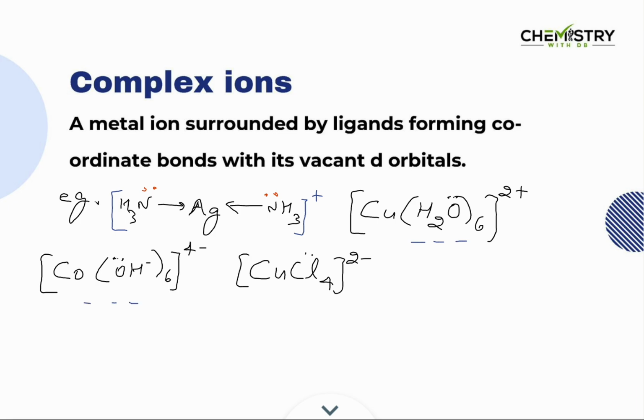Here, a cobalt ion has got a complex forming with 6 hydroxide ligands, and in this one, copper 2 plus ion forming 4 coordinate bonds with 4 chloride ligands. These are all examples of complex ions.